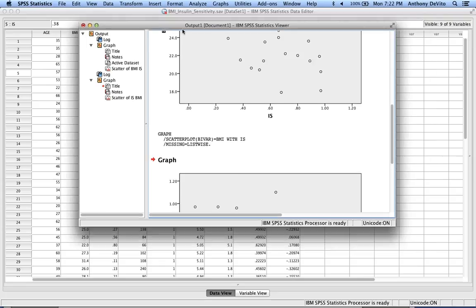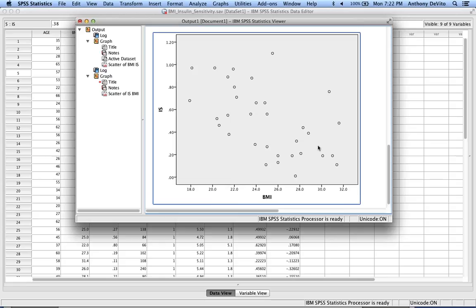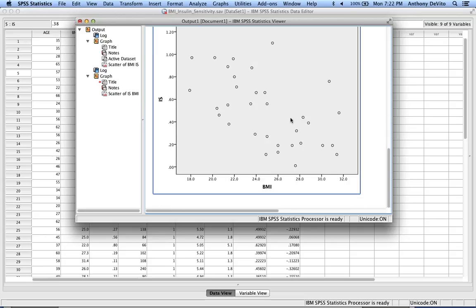Let me run this again. And what do I get? As BMI goes up, insulin sensitivity goes down. I get the same thing no matter how I arranged my axes. I get the same relationship. So when we're talking about correlation, we're not so concerned about that.